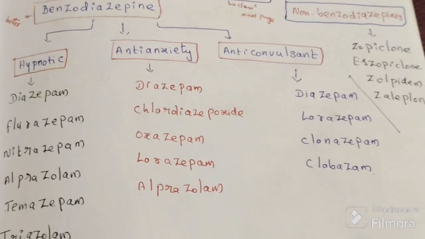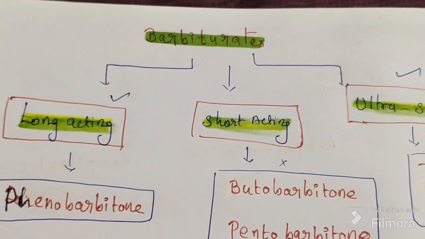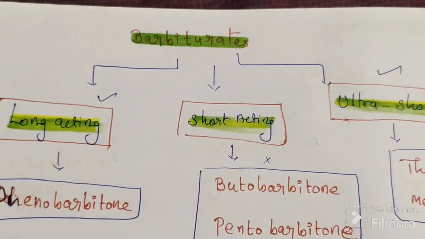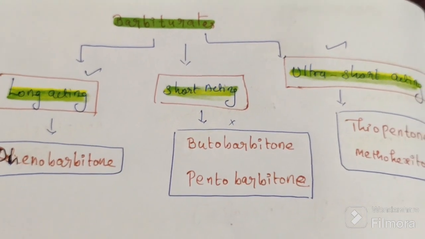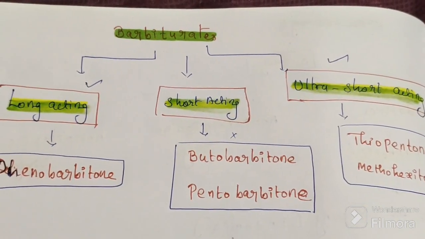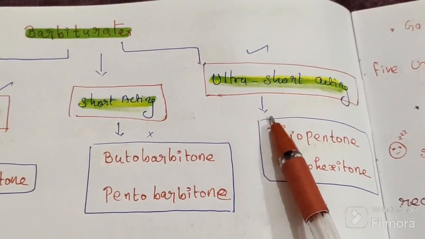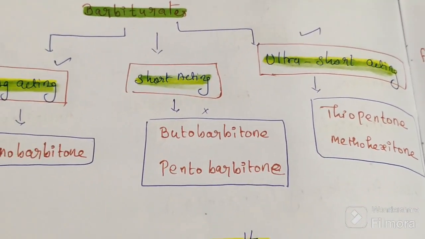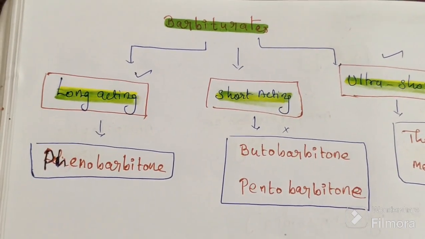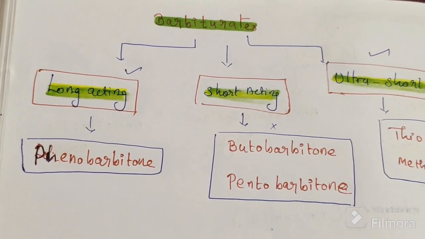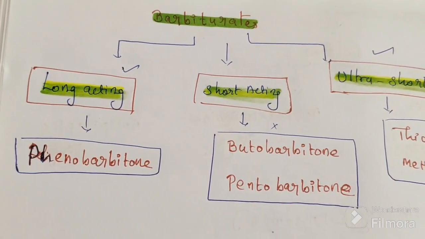So let's start with barbiturates. We divide them into three categories: long acting, short acting, and ultra short acting. In long acting, only one drug is there, phenobarbitone.